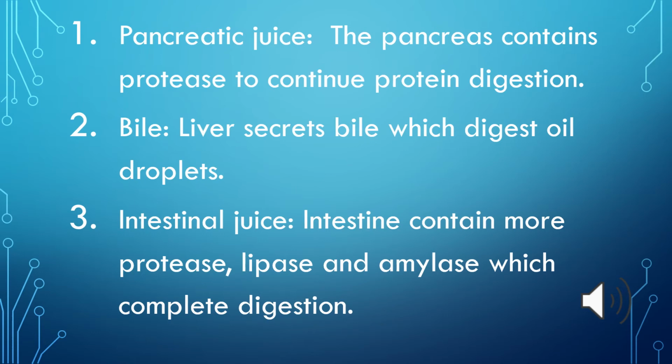Number 2, bile. The bile is secreted from the liver, which breaks the oil droplets of your food into an easily digestible liquid oil. Number 3, intestinal juice. As its name shows, it is secreted from the intestine and contains more of protease, amylase and lipase, which make our food more soft and convert our food into liquid form.